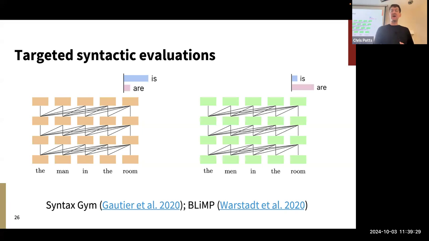And if we see that it now has a reverse ratio, it prefers are over is as its prediction, then we might take that as further evidence that it knows that men there is the actual head noun of this thing. It's not distracted by the singular element here. And if we do this over lots of different examples of different complexity and construction and so forth, we might build a lot of behavioral evidence that the models do know how agreement works, right?